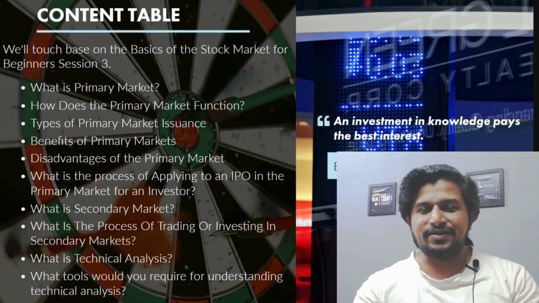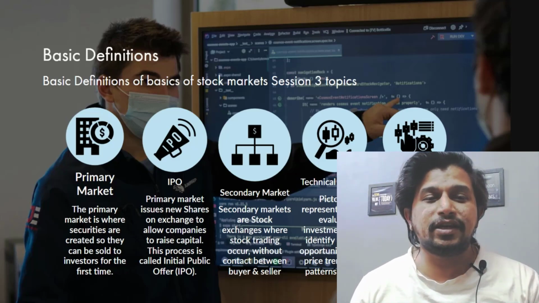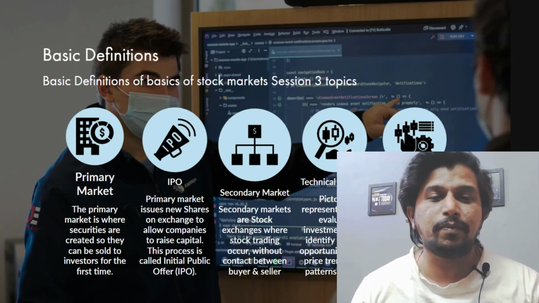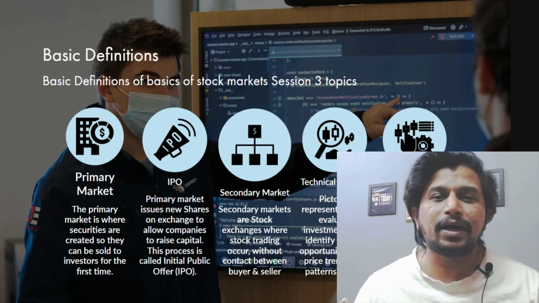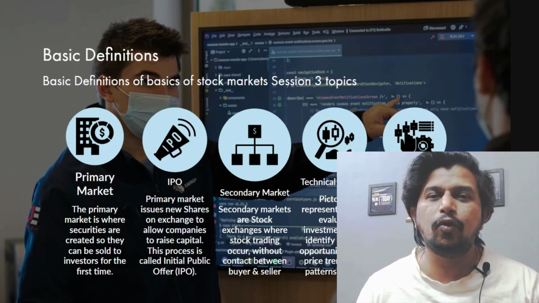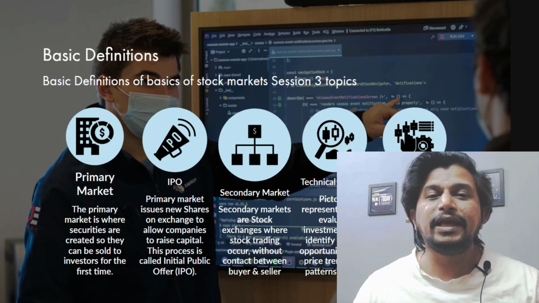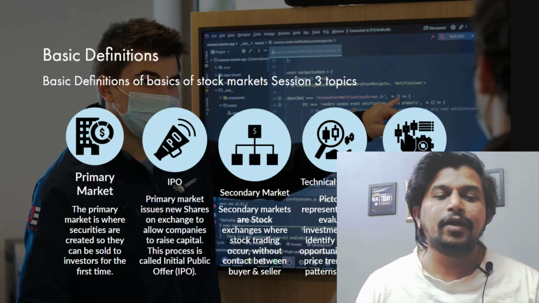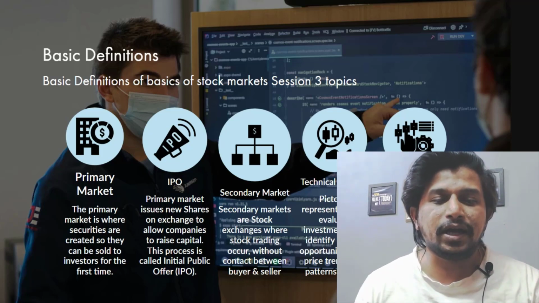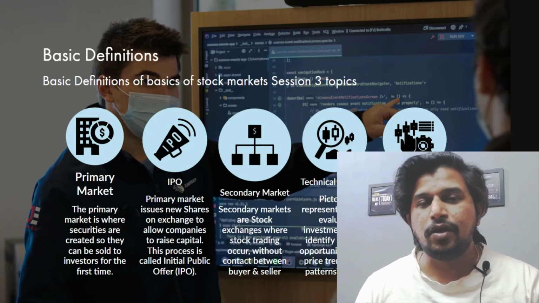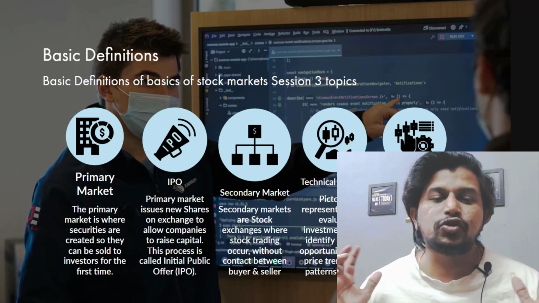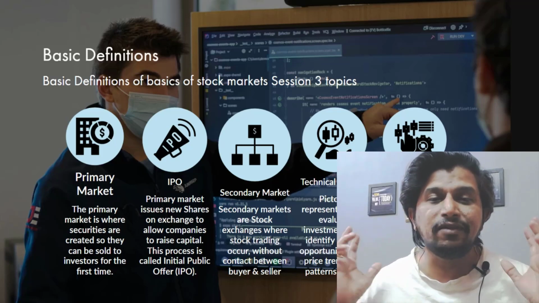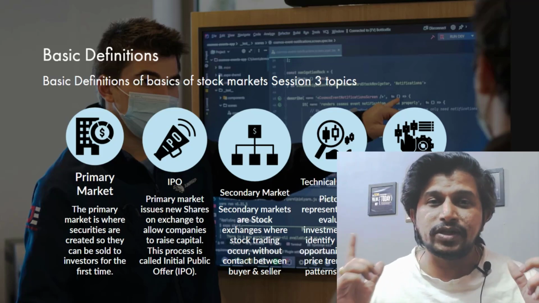Let's jump in guys. So let's look at the basic definitions of the stock markets. So what are primary markets? As you already know, primary market is the place where you will actually go to buy the new shares which are being given to the public, right? The primary market is where the securities or stocks or shares are created so they can be sold to the investors for the first time.